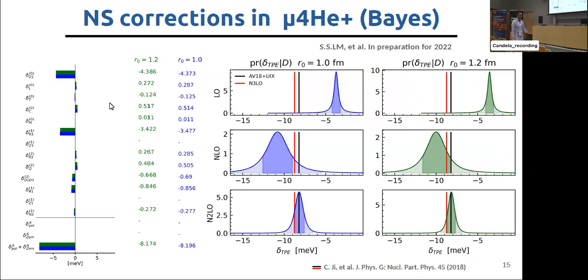We go on to analyze the uncertainties, and this is what you are seeing here. Bayesian statistics allows us to provide statistically interpretable uncertainties to this observable.